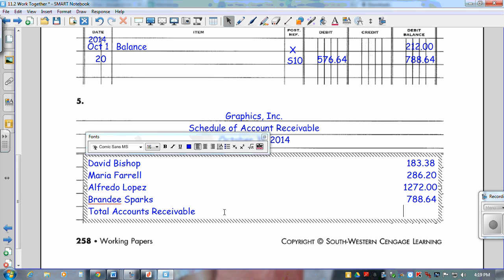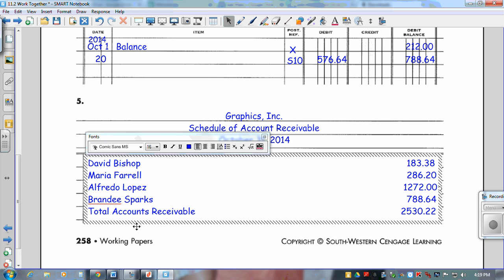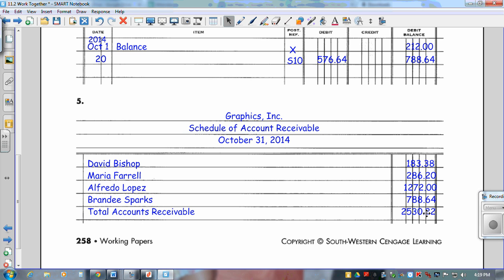You should have gotten $2,530.22. Is that number correct? Now, how do you know? The way I can tell if that number is correct is because in your book, it says the accounts receivable balance in the general ledger on October 31st is $2,530.22. That makes that number correct.